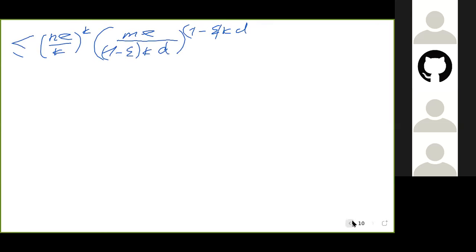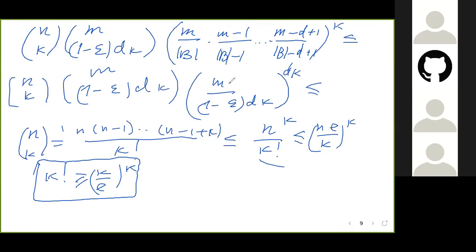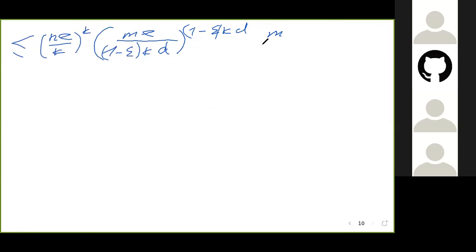And the last term is m over 1 minus epsilon dk raised to the power of kd.